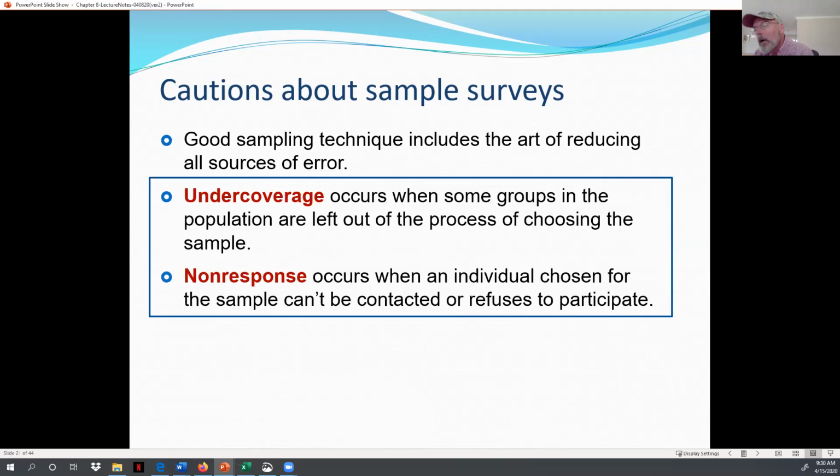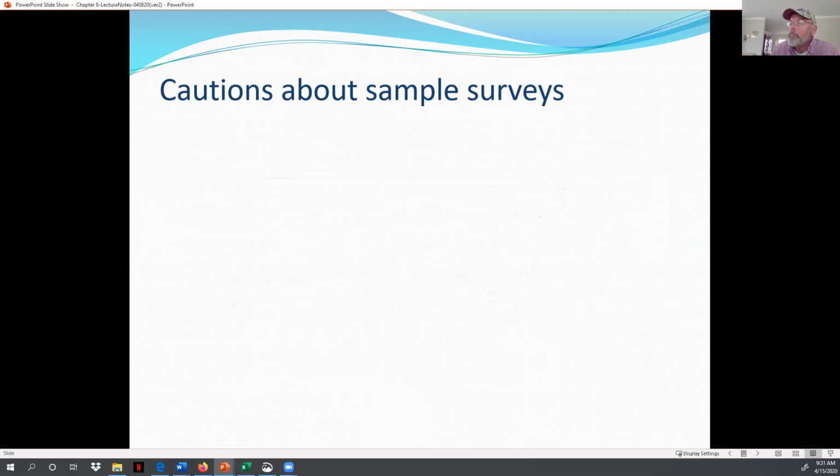Non-response, all right? There could be, for example, people that don't want to participate, okay? Or they weren't there when you tried to contact them. So non-response is another way of thinking about bias. All right, so we want to eliminate these types of bias.